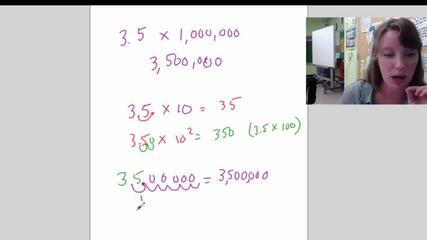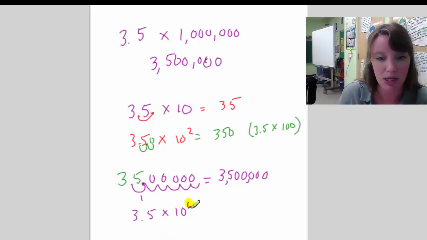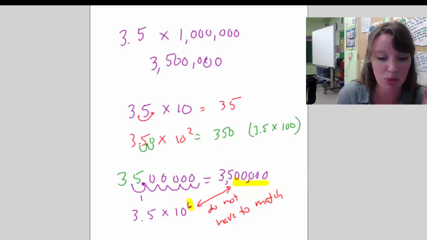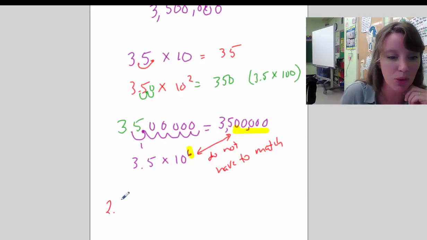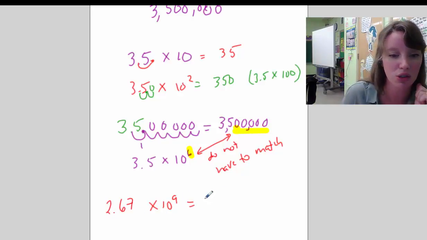One thing to note, however, is that the exponent does not always match the number of zeros. So they do not have to match. It's really important to note here, because a student will get a number in scientific notation, like 2.67 times 10 to the 9th power, and the shortcut they'll take is 267 with 9 zeros.